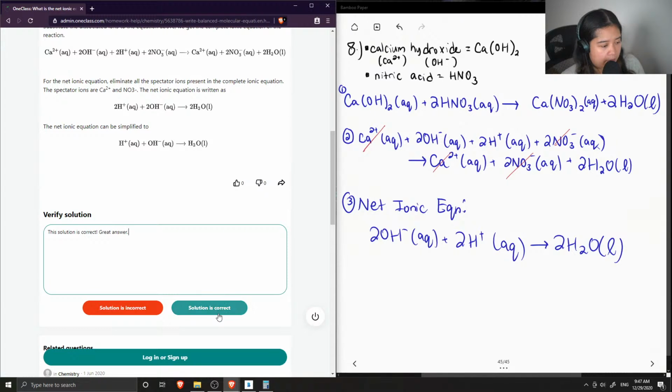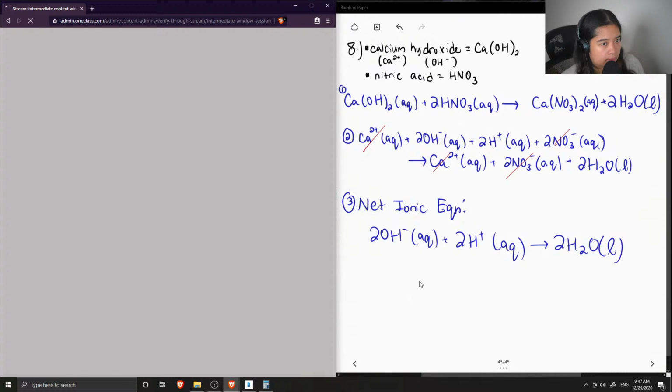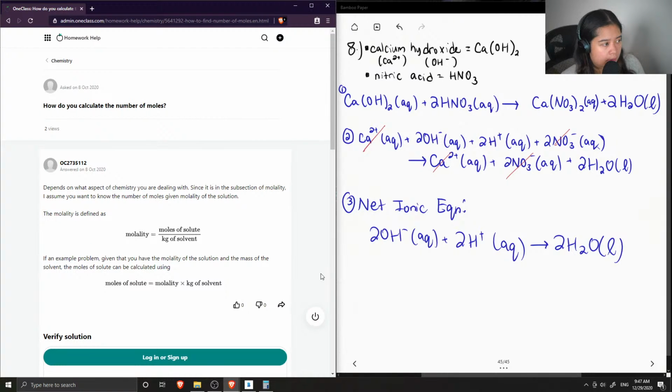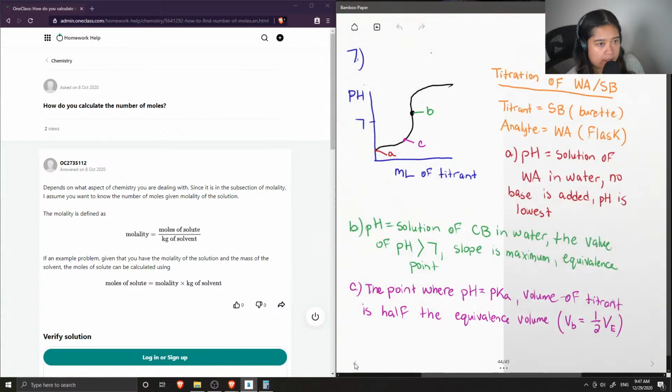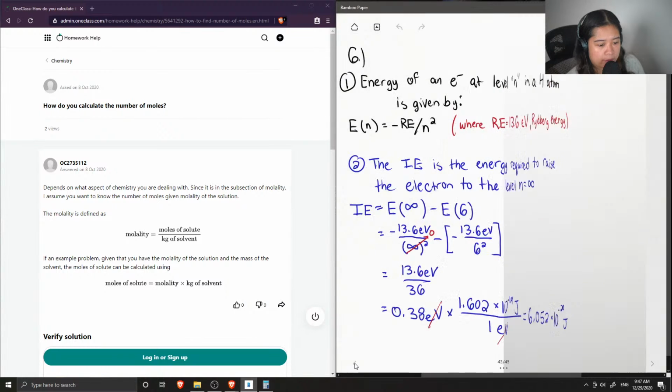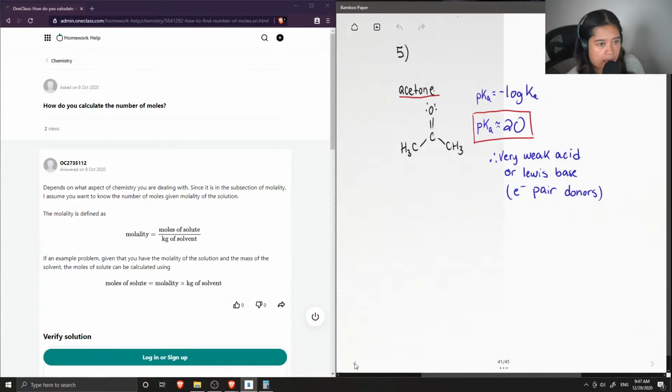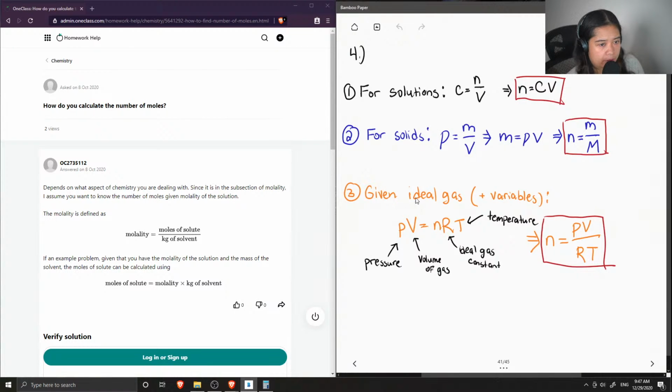I think we have time for one more quick question. So question number 9 is just how do you calculate the number of moles? So I answered this question a few slides back. Yep, so for different scenarios or solutions, you can calculate number of moles by multiplying concentration and volume.